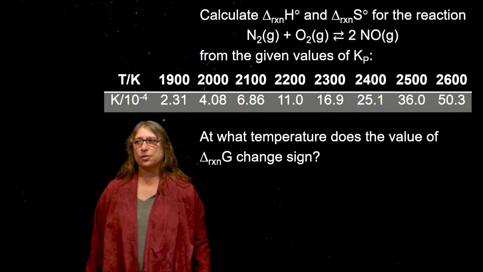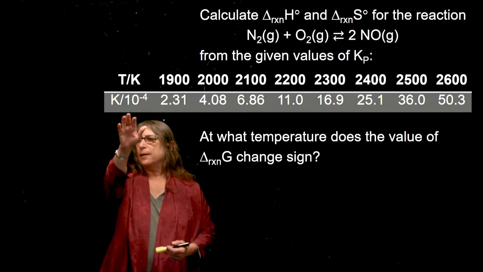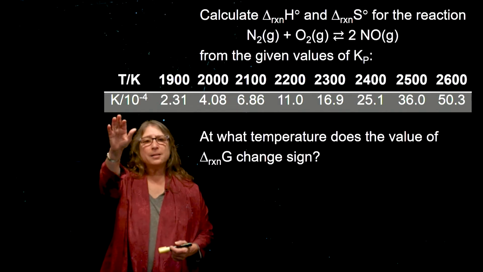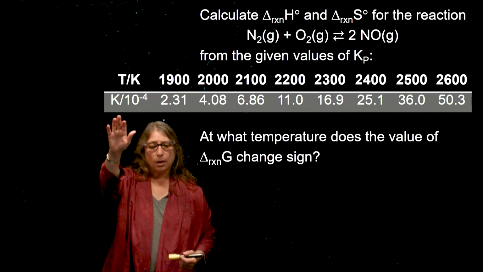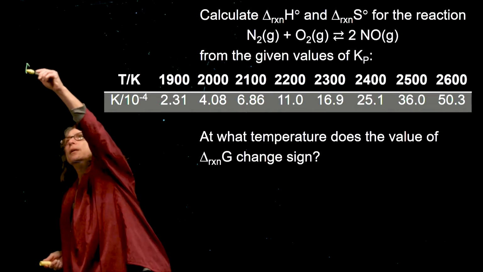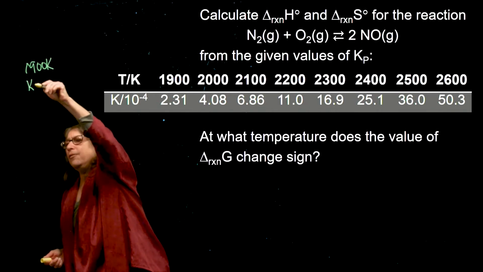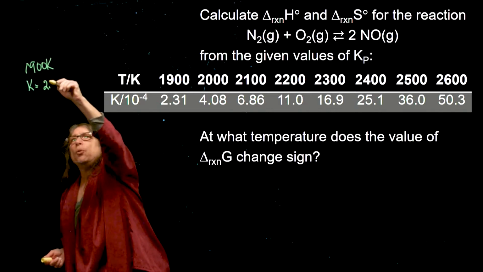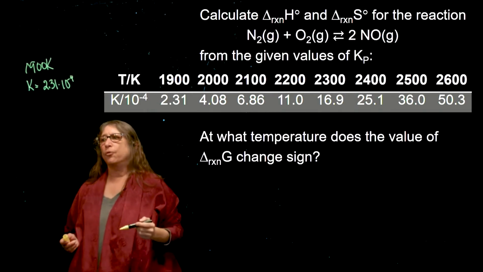So the first thing I want to point out is right here, the equilibrium constant is divided by 10 to the negative 4, which means that at 1900 Kelvin, the K value is 2.31 times 10 raised to the power negative 4.